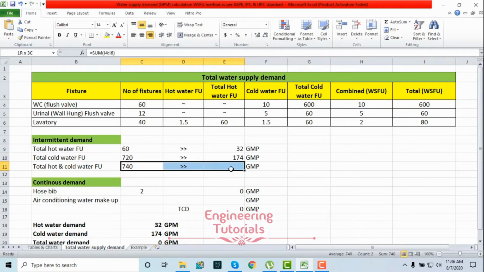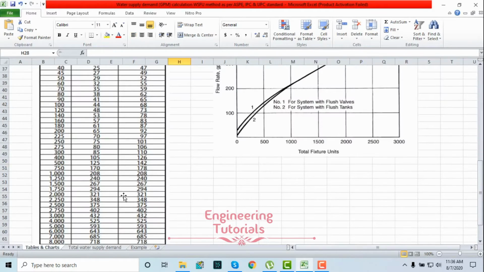We check for the total water supply fixture unit value, the combined water supply fixture unit, which is 740. If you go in there, let's say approximate value, we will get between 500 and 750.